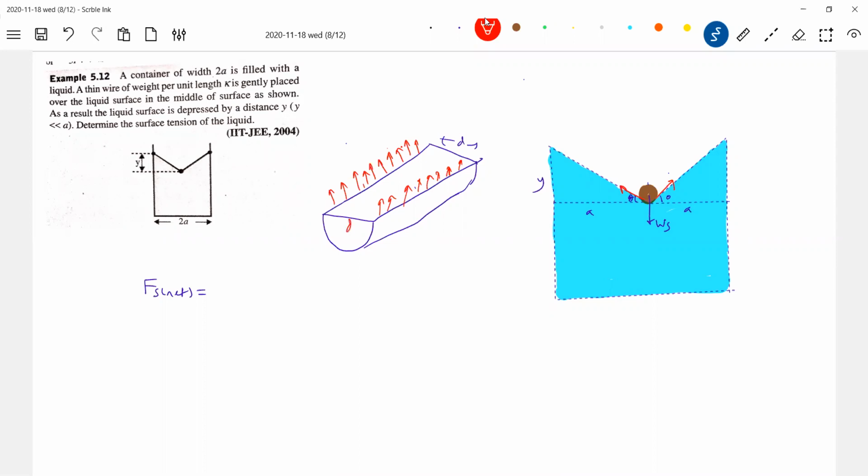So this is D, this is L. What is the force due to surface tension? Surface tension into, shall we write, 2L plus 2D, sine theta.